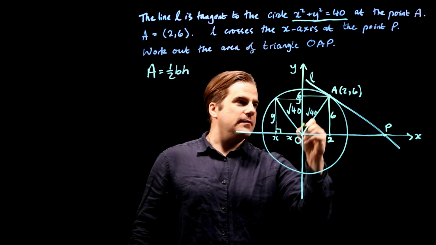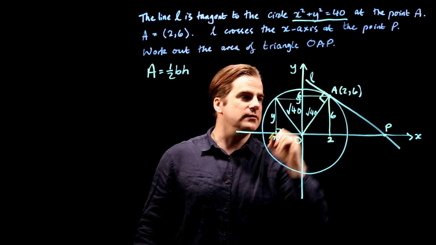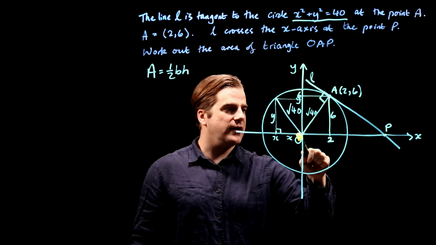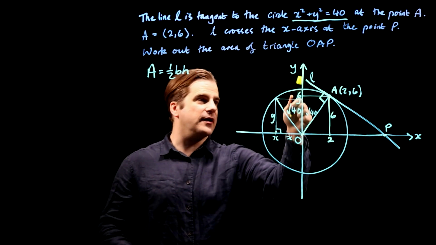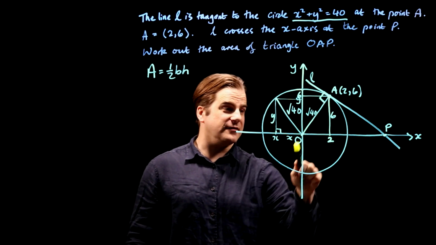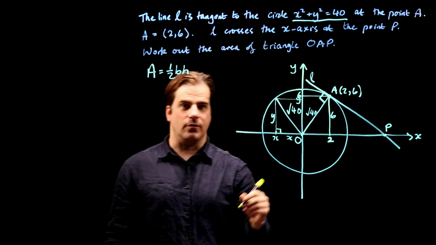So how do we work out the gradient of L? Well, it's tangent to this circle, which means that is a right angle. So if we know the gradient of this line, because they're at right angles, we can immediately work out the gradient of L. And we can work out the gradient of this line because it's just rise over run, 6 over 2.